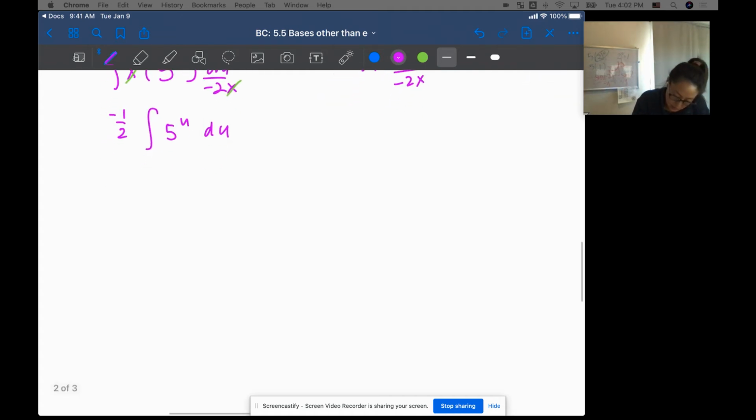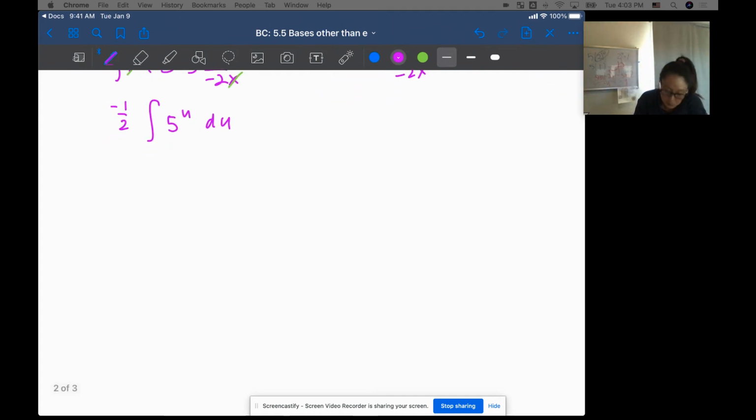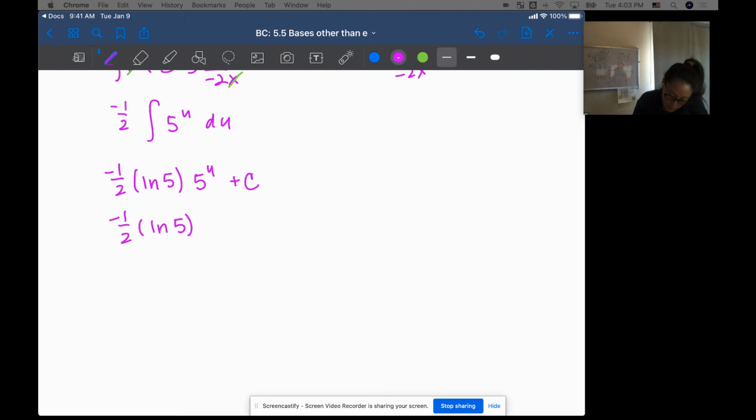Okay. So the antiderivative of 5 to the u is 1 over ln of 5 times 5 to the u plus c. Okay, so I get negative 1/2 times 1 over ln of 5 times 5 to the negative x squared plus c.